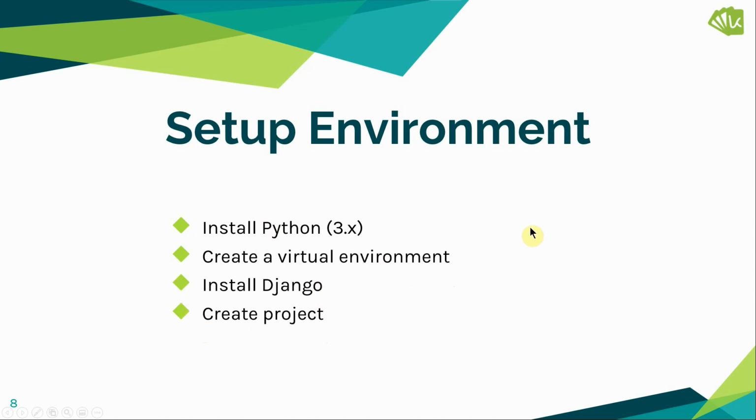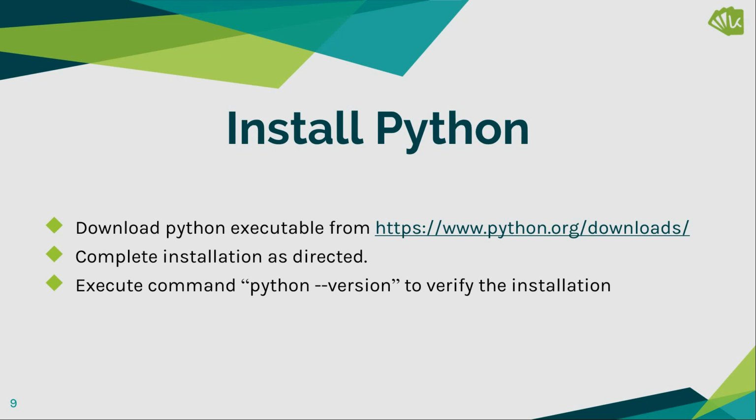So without any further delay, we'll head into the installation of Python. Python can be easily downloaded from the given URL in the slide, and the instructions are fairly simple. We just need to follow the instructions, and Python will be installed.